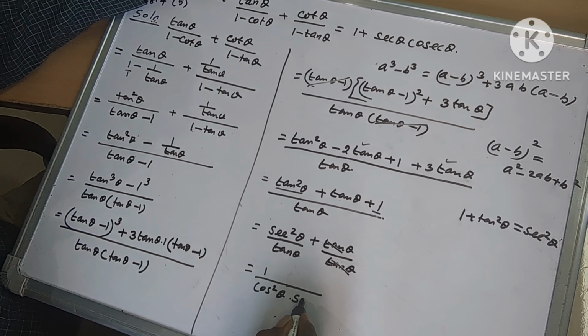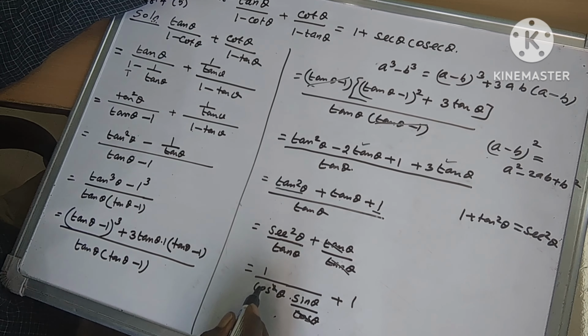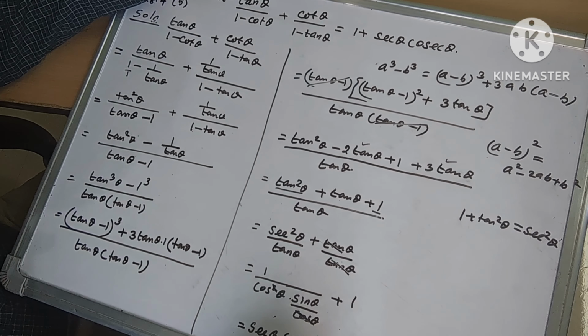Tan theta is sin theta by cos theta, plus 1. This cos theta cancels. Here is 1 by cos, which is secant theta, into 1 by sin, which is cosecant theta, plus 1. So this is the right hand side.